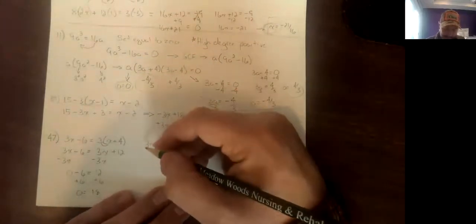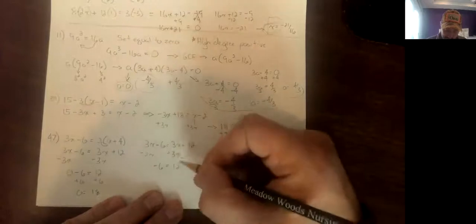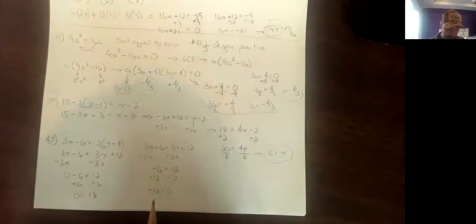If I went the other way, and I took 3x over here, you'll realize it doesn't matter. It gives us the same thing. And you could go this route and get negative 18 equals 0. It doesn't matter which way you go, you're not going to have a solution.